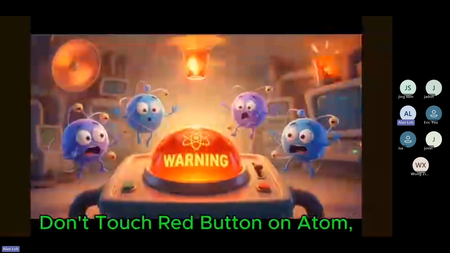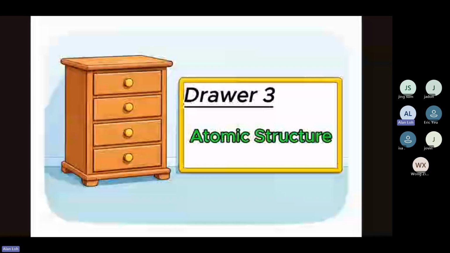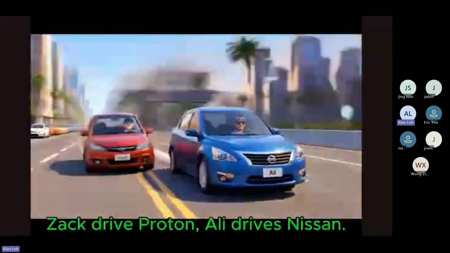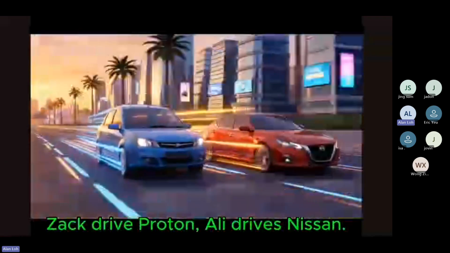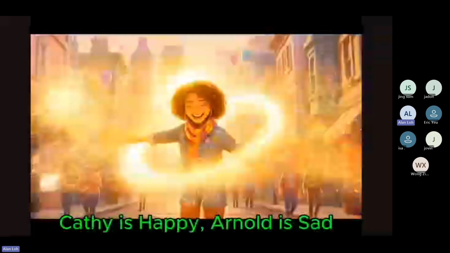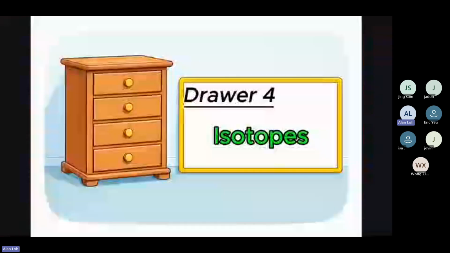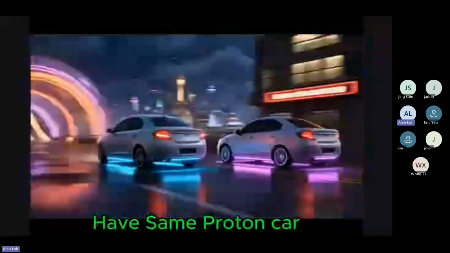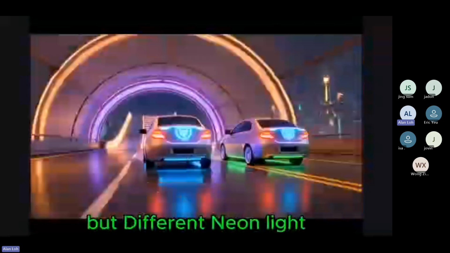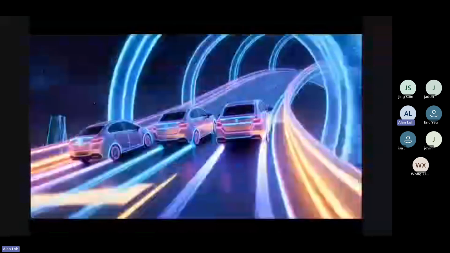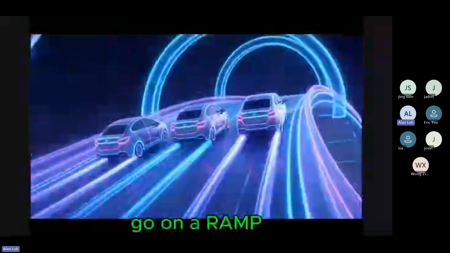Electron and nucleus. Run. Drawer 3. Atomic structure. Zach drives proton. Ollie drives Nissan. Kathy is happy. Arnold is sad. Drawer 4. Isotopes. Have same proton car, but different neon light. Go on a ramp.